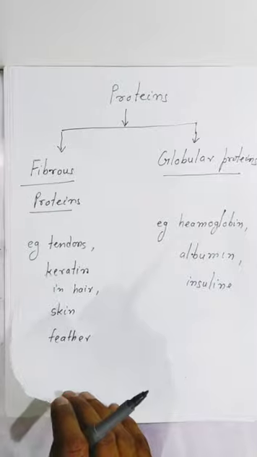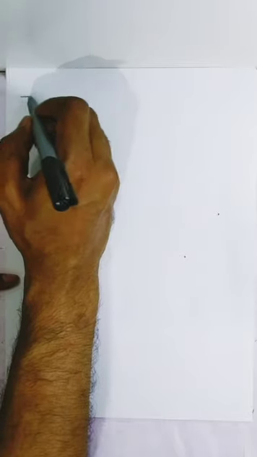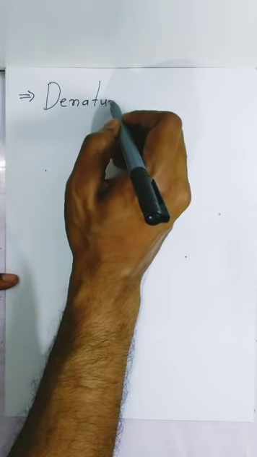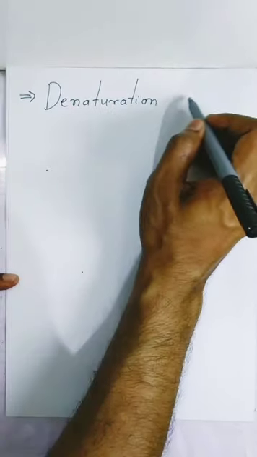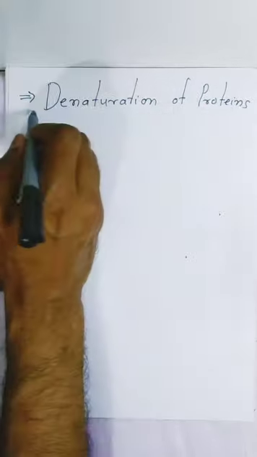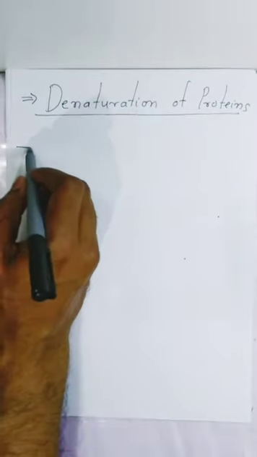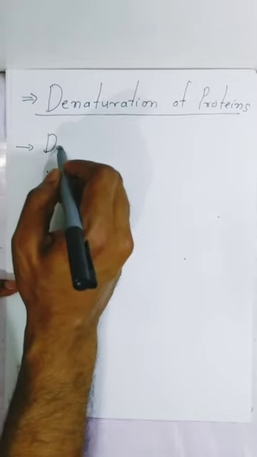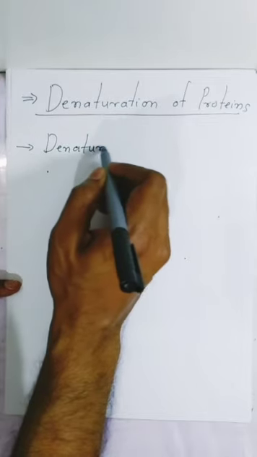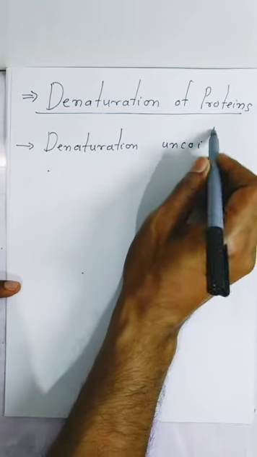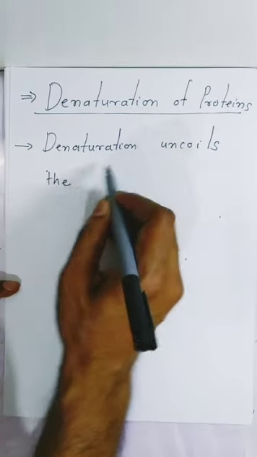Now students, we are going to see the denaturation of proteins. What is the denaturation of proteins, students? Denaturation means uncoiling the proteins.